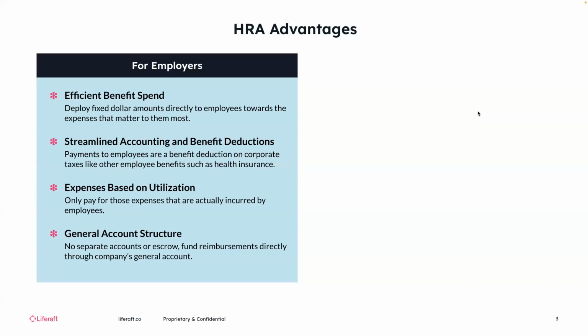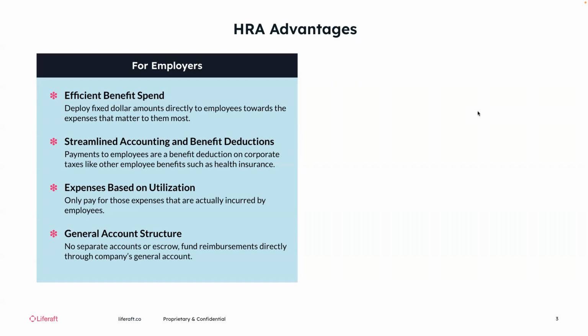So setting up a structure where you set a monthly budget and then your employees can reimburse against whatever monthly budget you have offered them is going to do two things. Number one, it's going to streamline the cost of benefits for you as a company in terms of what your budgeted amount is.